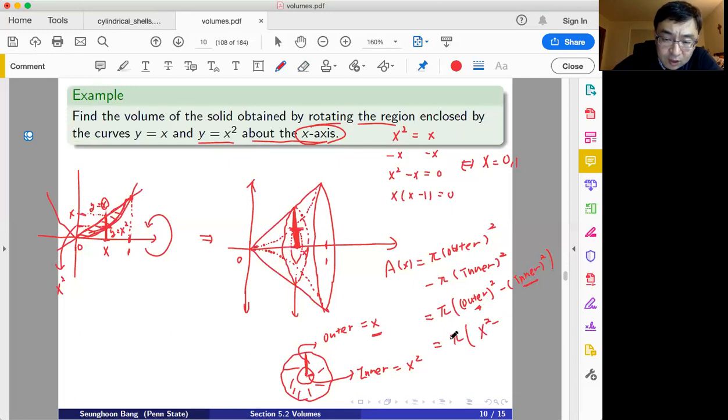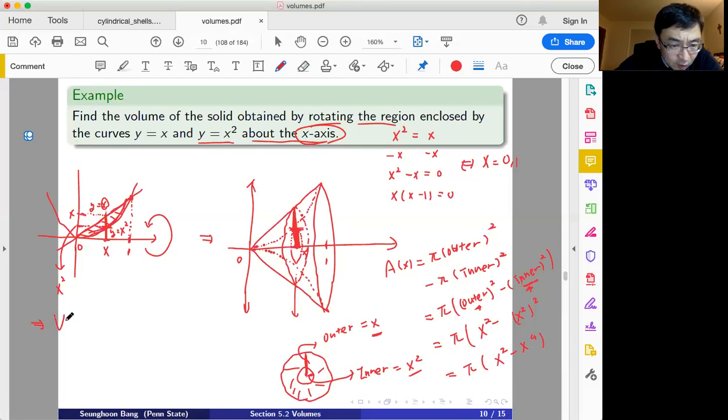The inner radius is x squared, plug into here, x squared squared. So we have pi times x squared minus x to the 4. So we have it. So what's the volume?